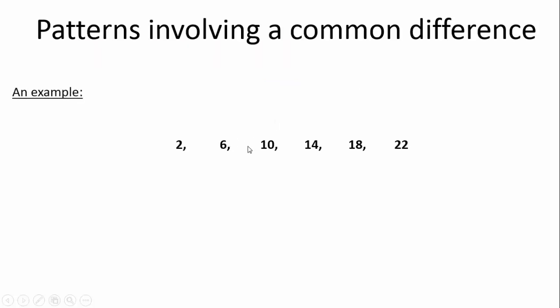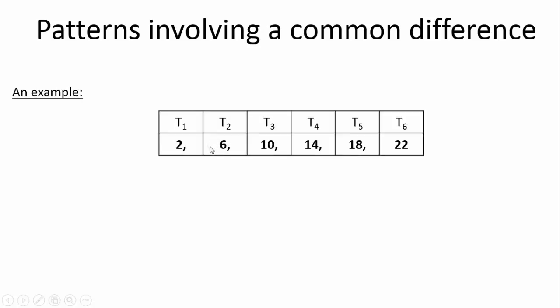Let's look at an example. 2, 6, 10, 14, 18, 22. This is our term 1, term 2, term 3, term 4, term 5, term 6. So if I said to you, what is term 3? You would say term 3 is value 10.